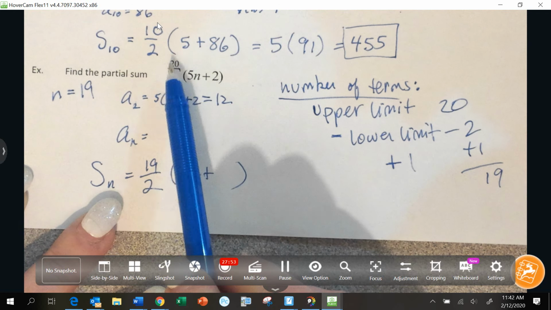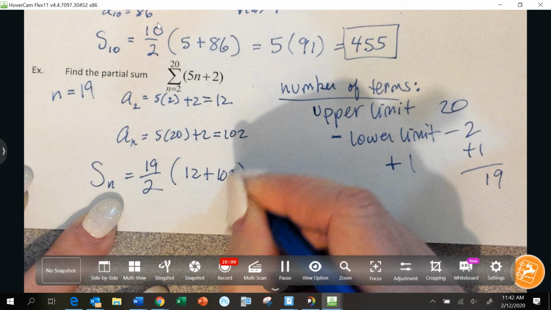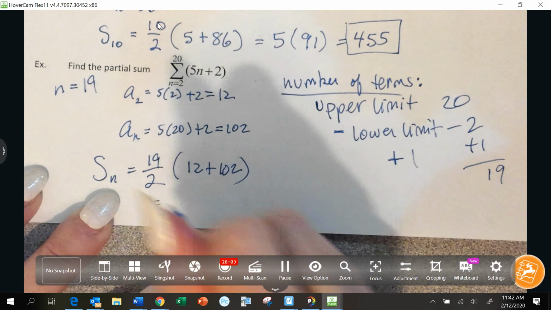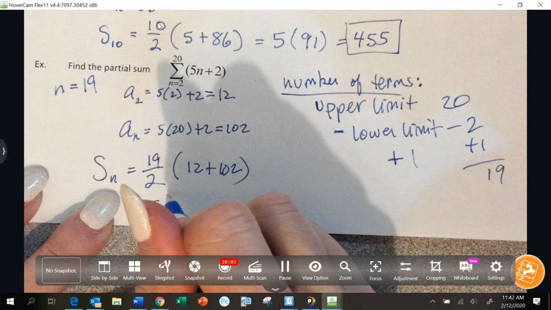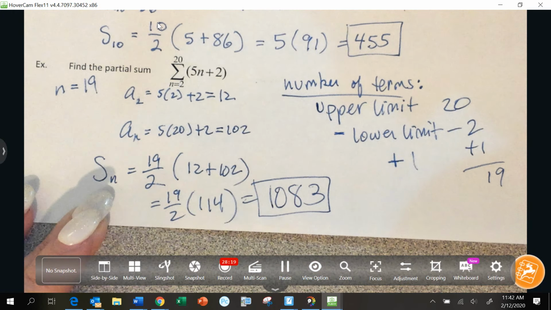So we're going to plug in 20. Should be 1083.